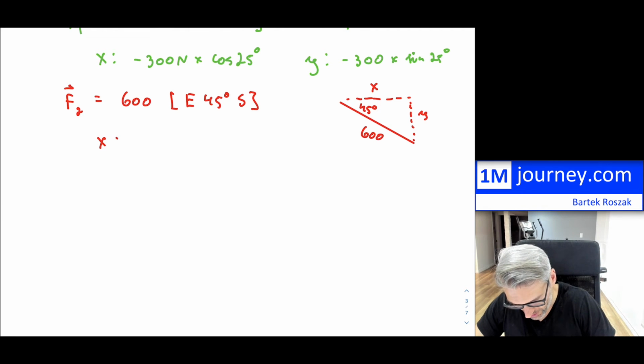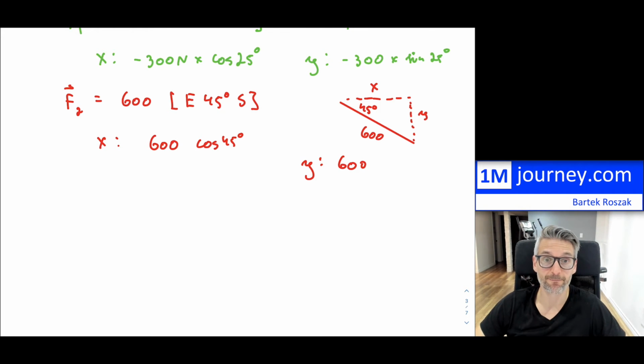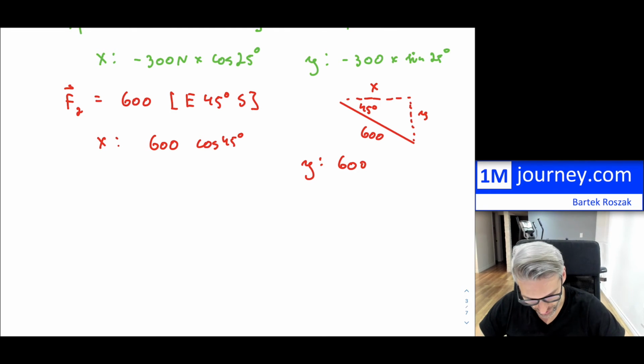X is positive because it's to the right, so it's 600 cos 45 degrees. And then your Y component is 600 sine of 45 degrees. Now this one is down, notice, so it's going to be minus.